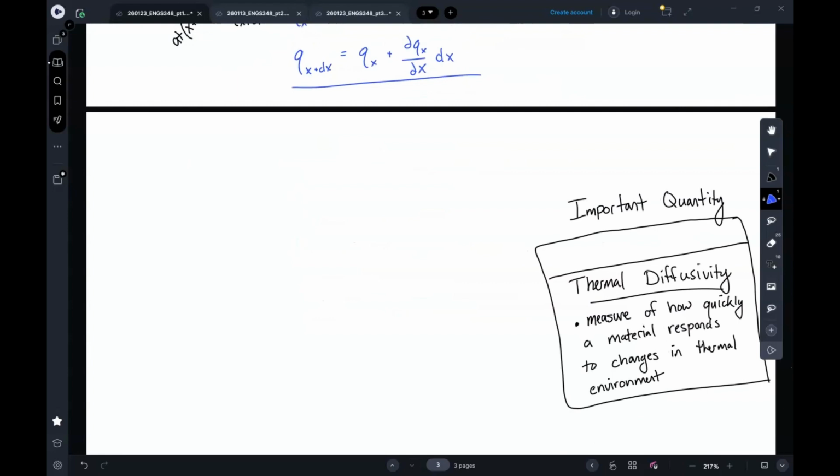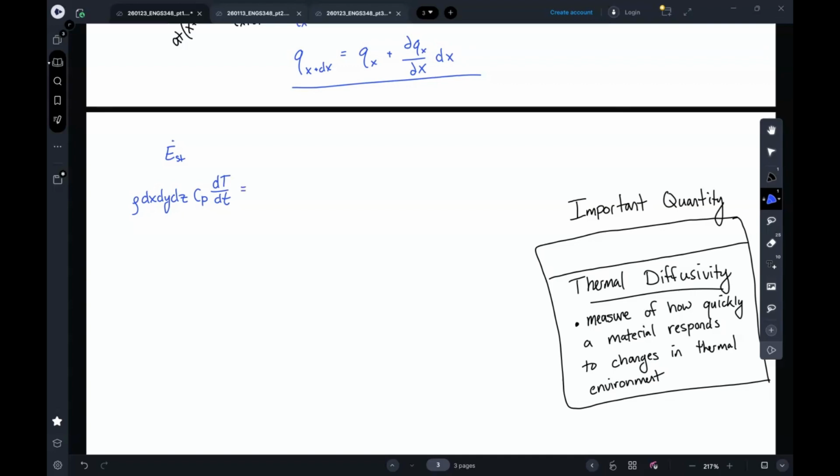So we have the stored energy, which is density times volume, dx, dy, dz, times the heat capacity, times d temperature, d time. So that's stored energy, E stored.